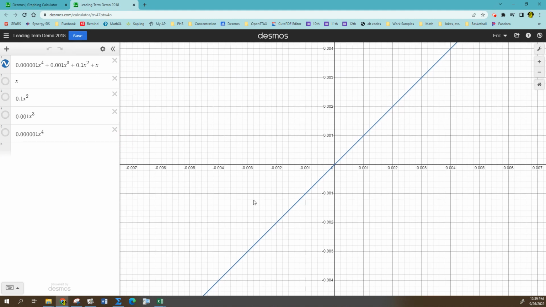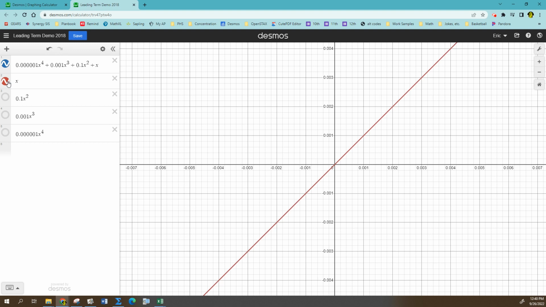Well, right now, which of those 4 terms appears to dominate the behavior of that function? The linear, the quadratic, the cubic, or the quartic? Everybody agree the linear one does? If I superimpose our polynomial with the graph of y equals x, well, they line right up, don't they?